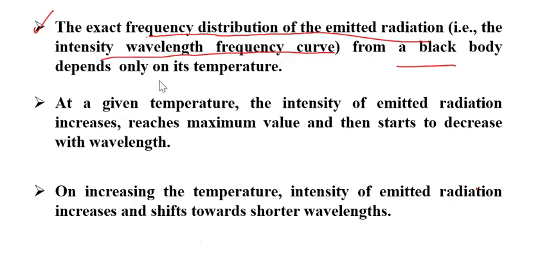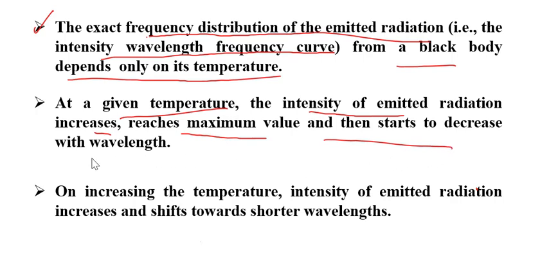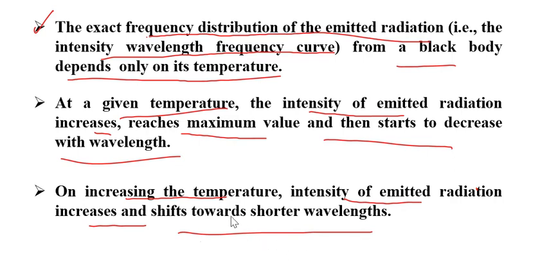At a given temperature, the intensity of emitted radiation reaches a maximum value and then starts to decrease with wavelength. The same graph is explaining this. On increasing the temperature, the intensity of emitted radiation increases and shifts towards a shorter wavelength. This one is the third point.